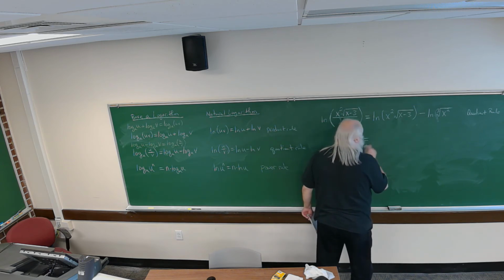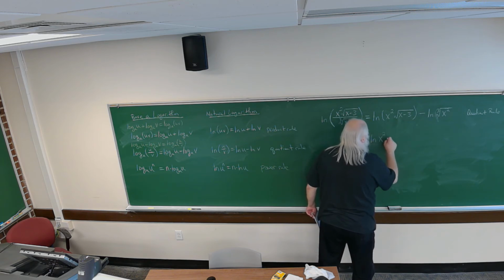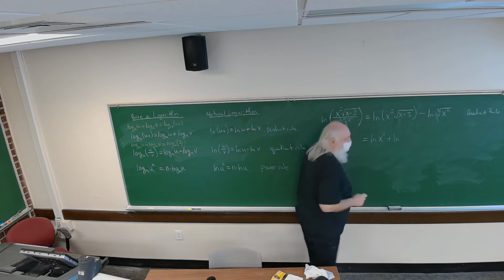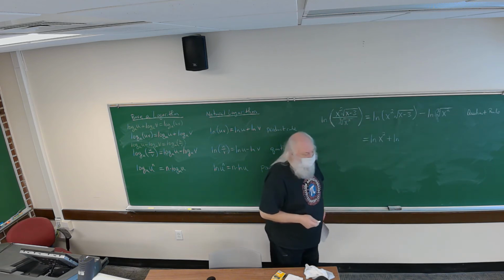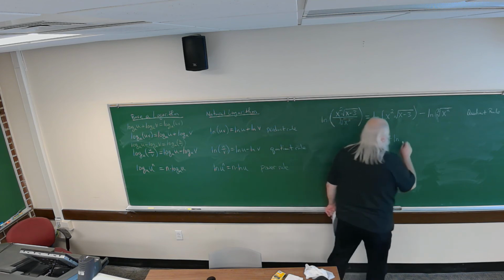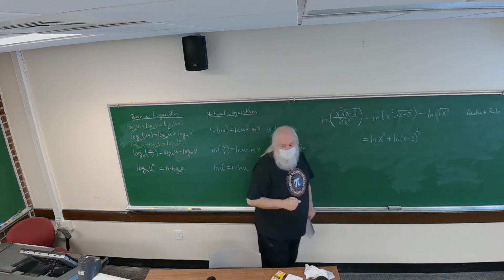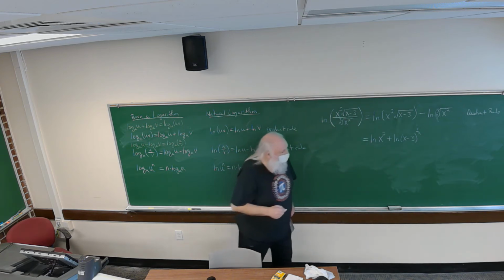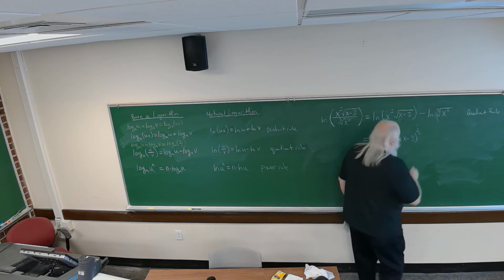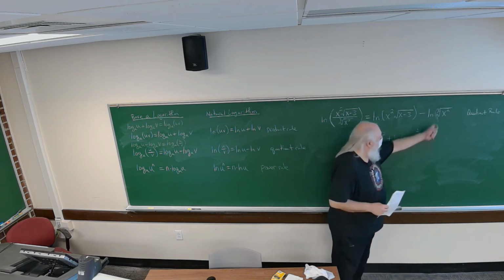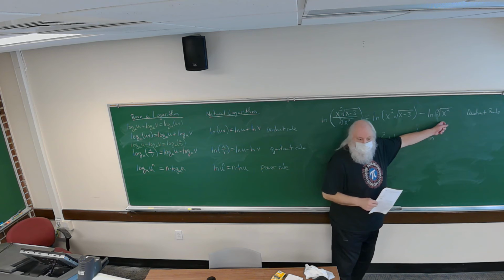So applying the product rule, we have the natural log of x squared plus the natural log of the square root of x minus 3. And now I'm going to write square root of x minus 3 as x minus 3 to the 1/2 power. And then we subtract from that the natural log of cube root of x squared.